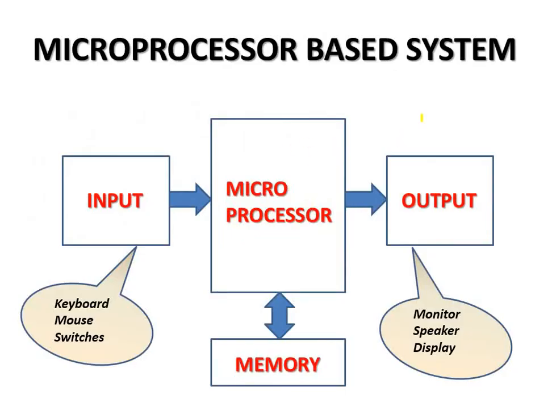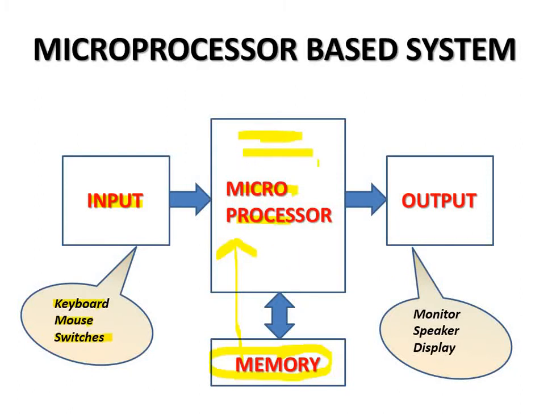We have already discussed the microprocessor based system. You give input from input devices like keyboard, mouse and switches, and the microprocessor will process the data according to the code written in the memory. The code goes from this memory into the processor, where it is stored in temporary registers.